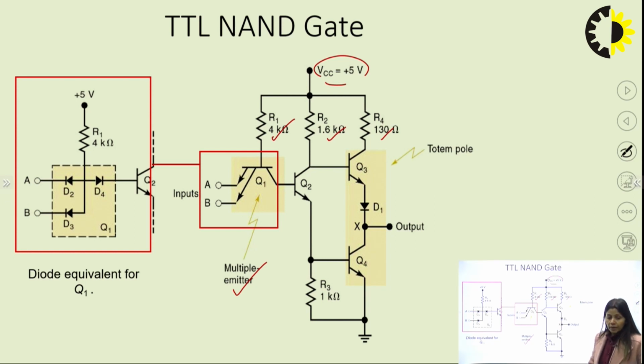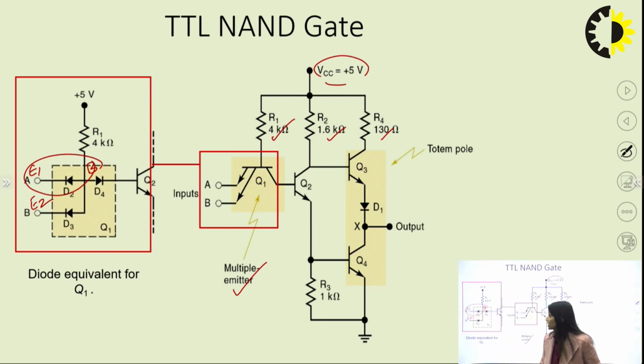This is the biasing which was required. Now coming to how it works. The emitter base junction is a diode and the collector base junction is also a diode. So we have represented the base, this is emitter E1, and this is emitter E2. This emitter base junction we have mentioned as D2 diode and this as D3 diode, since D1 we have taken in the totem pole arrangement, right?